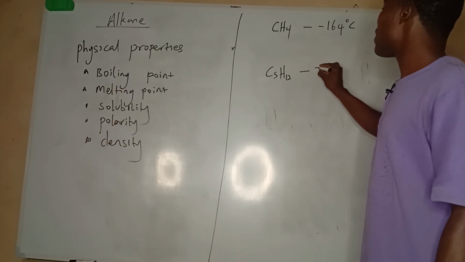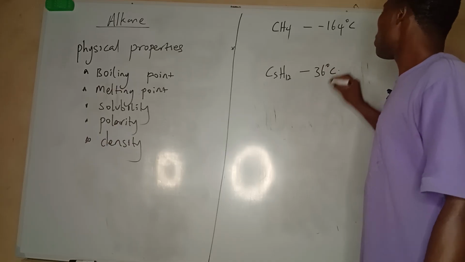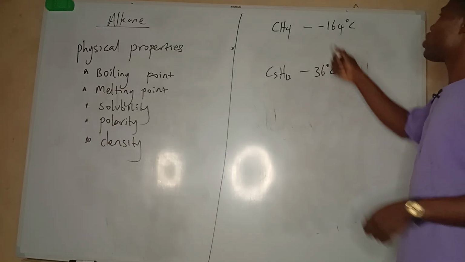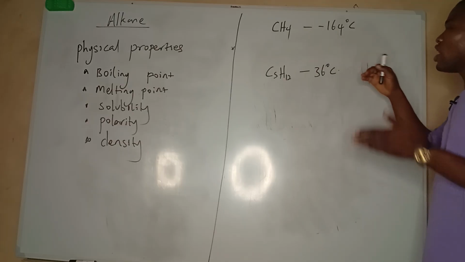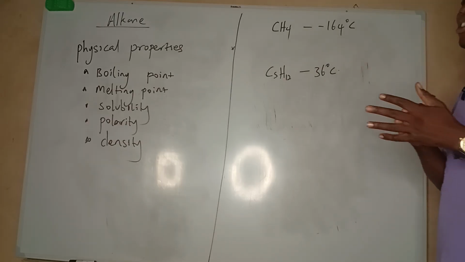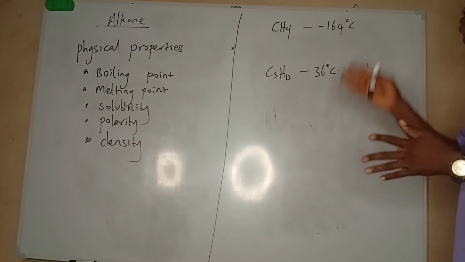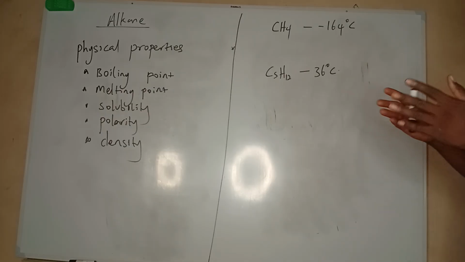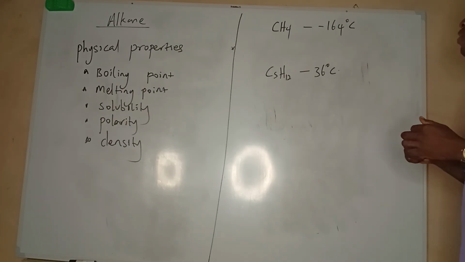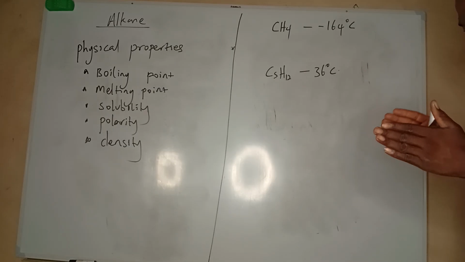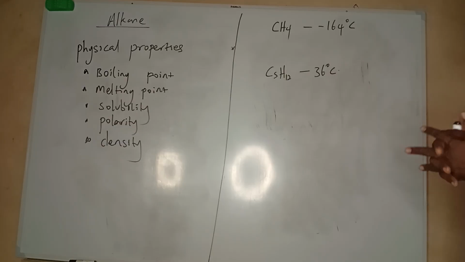The boiling point of pentane is around 36 degrees Celsius. So we have 36 degrees Celsius and minus 164. As carbon atoms increase, boiling point increases. Ethane is around minus 96 degrees Celsius or so. The melting point does the same.